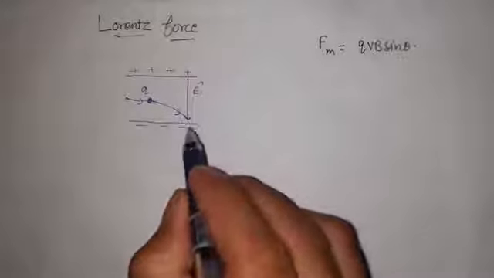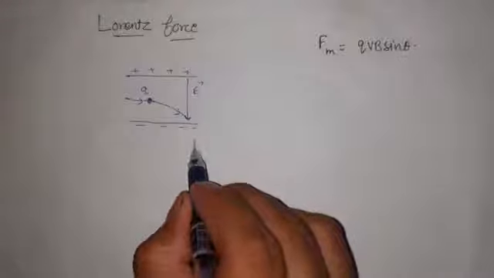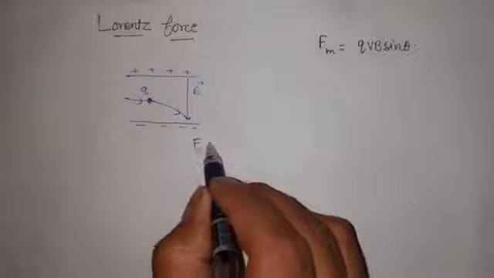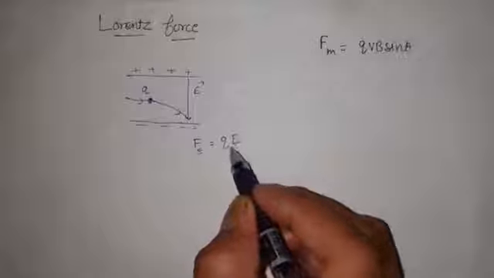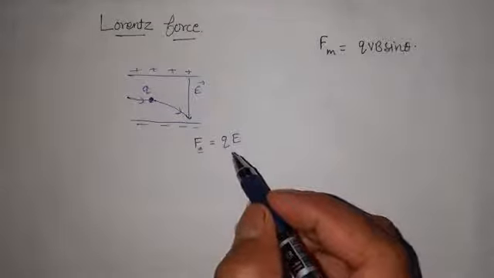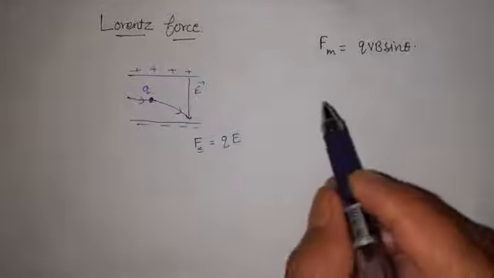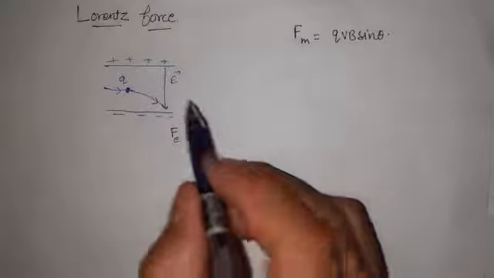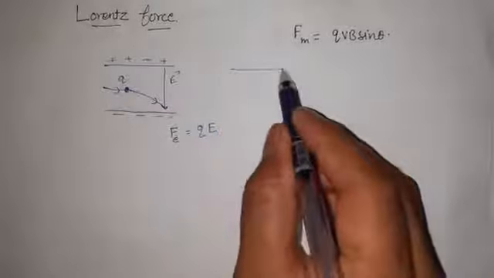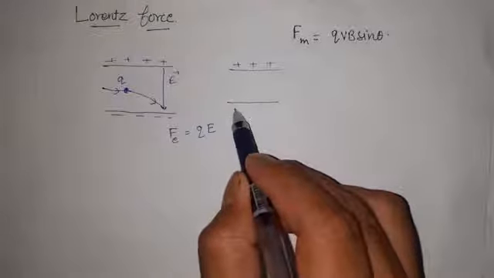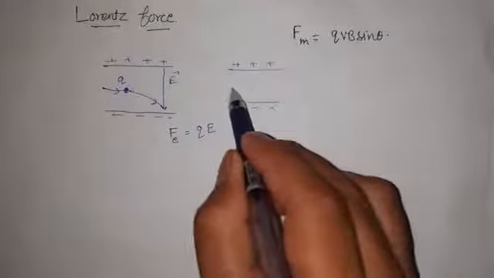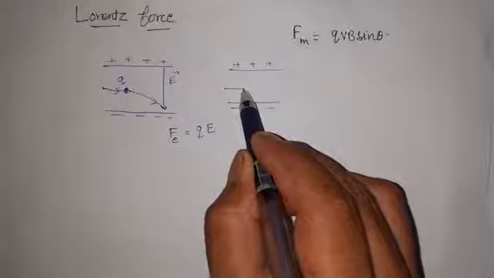So how much is that force exerted? The force exerted by the electric field is equal to the magnitude of the charge times the electric field. And if we have a negative charge, suppose this is the positive plate and here is the negative plate, and a negative charge enters.